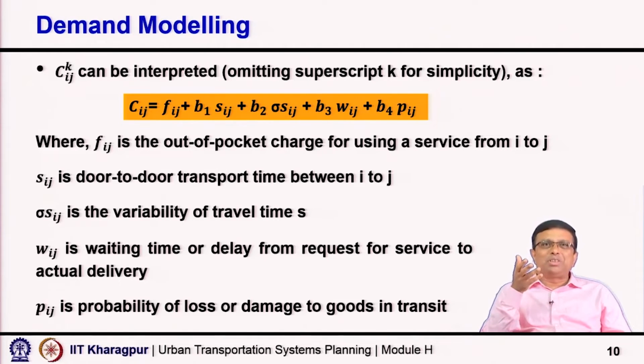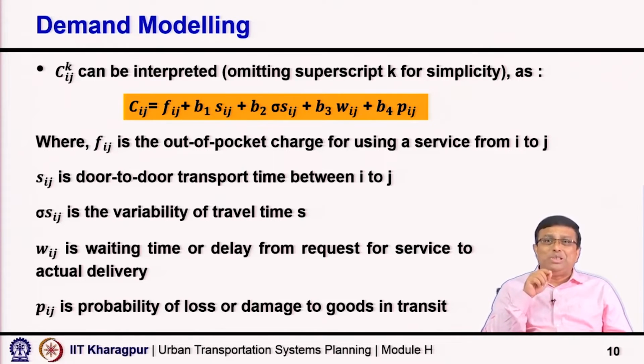So, it basically includes door to door transport time, if you consider time, right. Then the other factors are the variability in the travel time, then the waiting time or the delay from request for service to actual delivery, taken in days or waiting time. Then the probability of loss or damage of goods in transit.